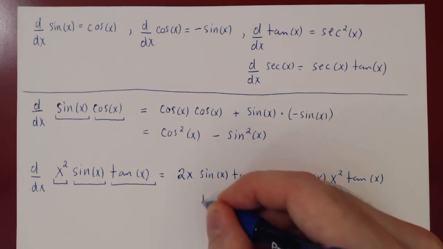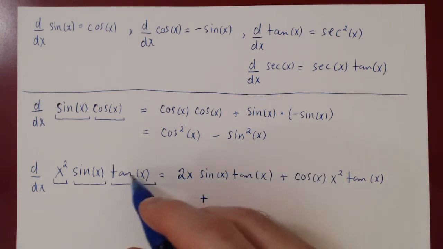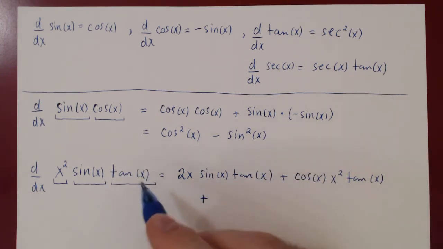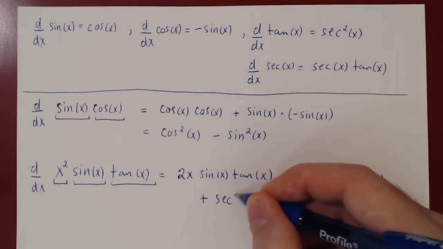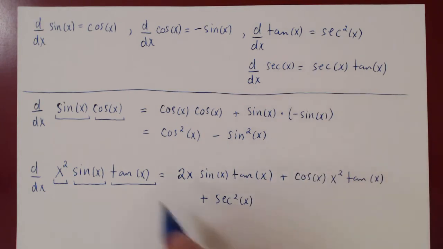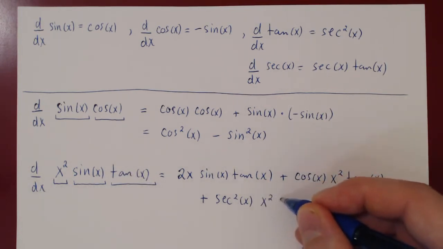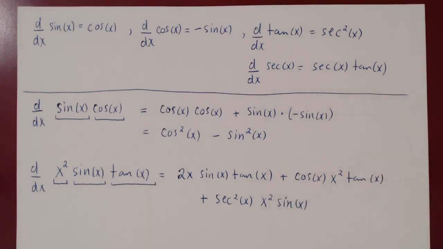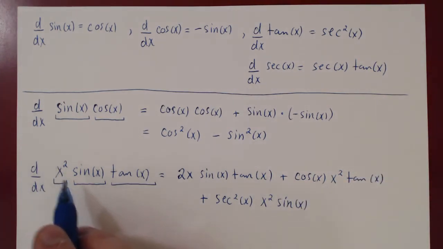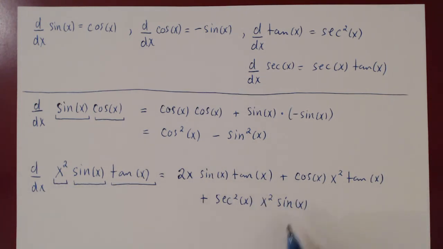And finally, plus the derivative of the third function, derivative of tan of x is secant squared of x, times everything else, x squared sine of x. And that's the derivative of x squared times sine of x times tangent of x using the extended product rule.